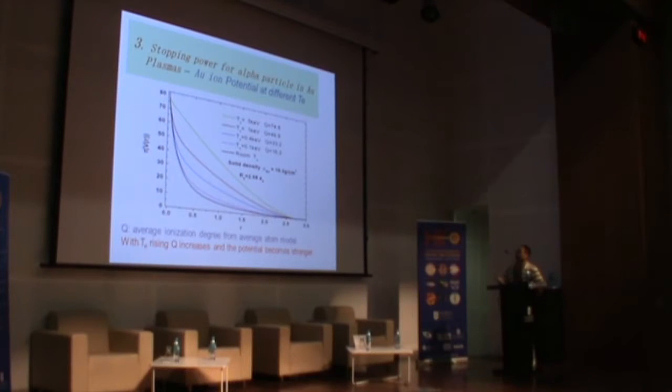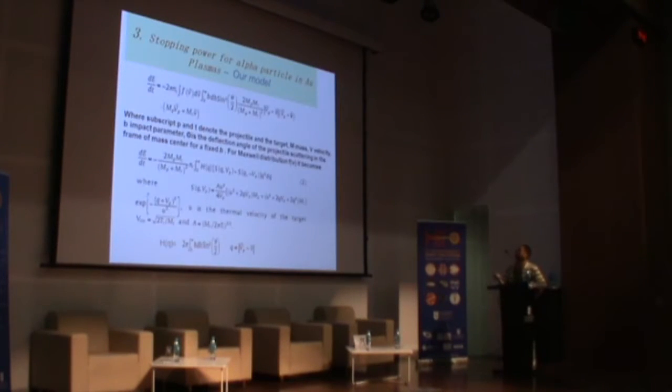We can see that with temperature rising, the potential becomes much stronger. In our calculation, we use this method of classical binary collision theory with impact parameter considered, and our previous Gold potential is used in the calculation.